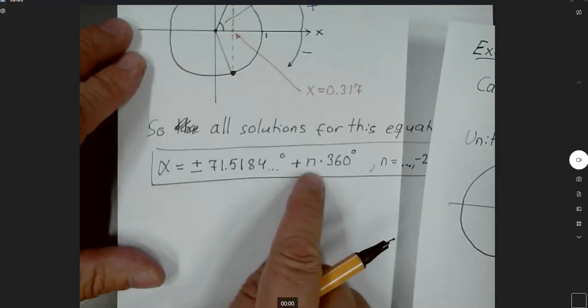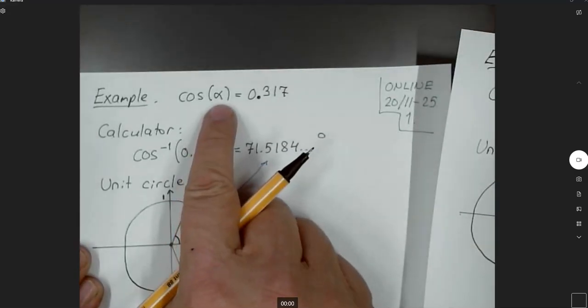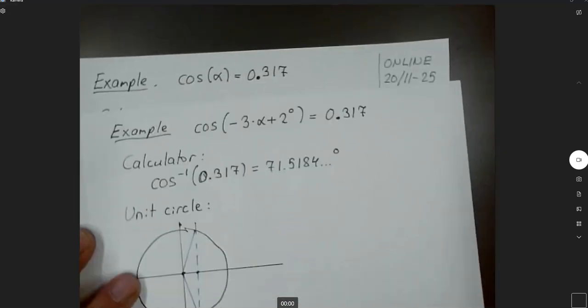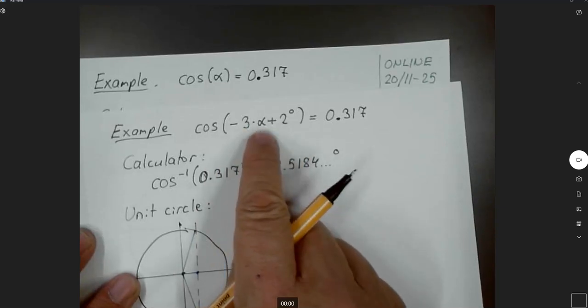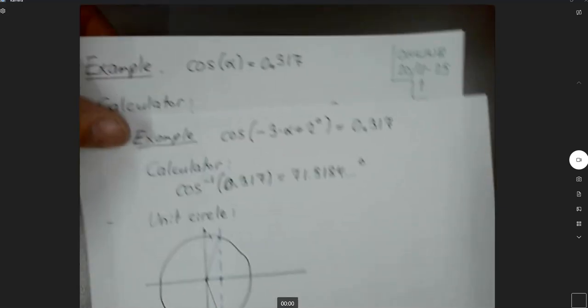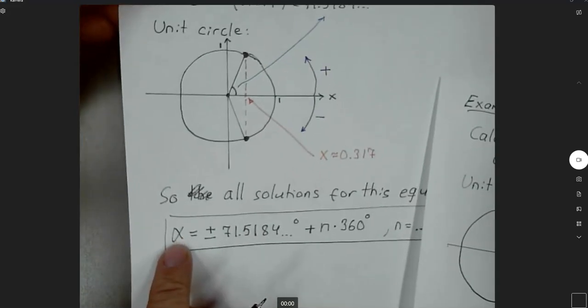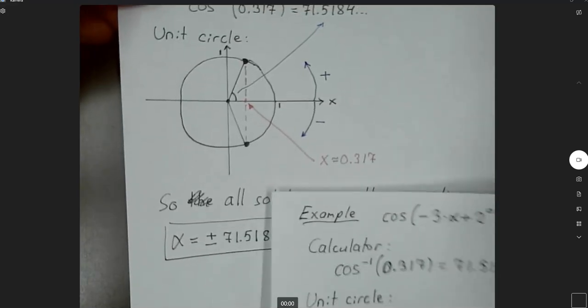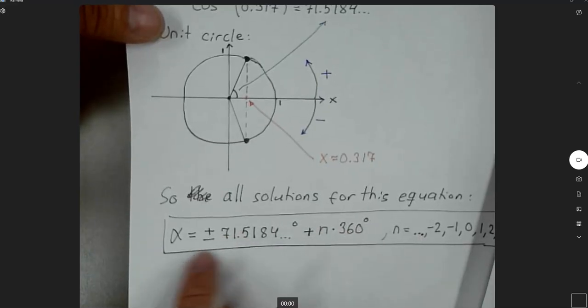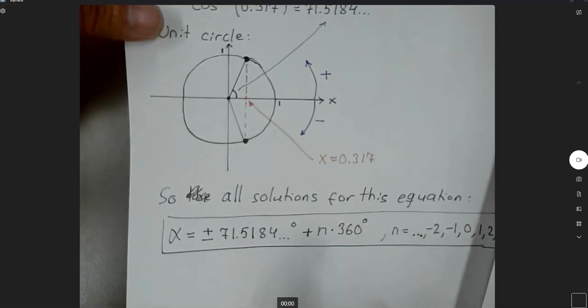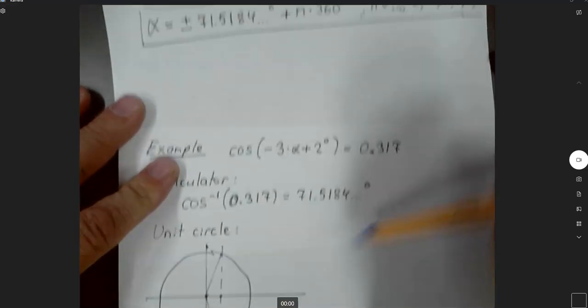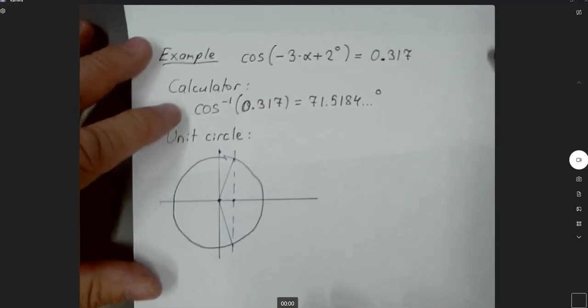Alpha equals this, but that was because there was only a simple alpha there inside the cosine. Right now we have this kind of expression there, but we are solving this with the same method. We take the value of that in the beginning of the solution on the left hand side, and then write this part there on the right hand side. But now we don't have alpha there, but we have this kind of expression.